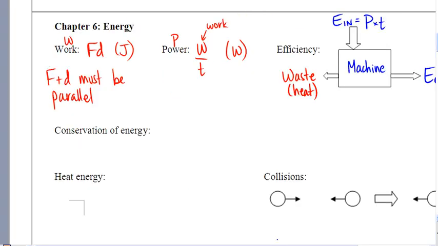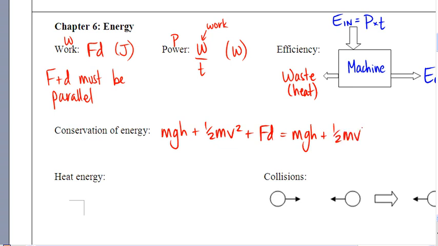Now, the conservation of energy. I'm going to go right into the ultimate version. We have this big equation, mgh plus 1/2 mv squared plus F times D equals mgh plus 1/2 mv squared plus F times D. Now, there were a series of questions we wanted to ask ourselves about all of these terms.